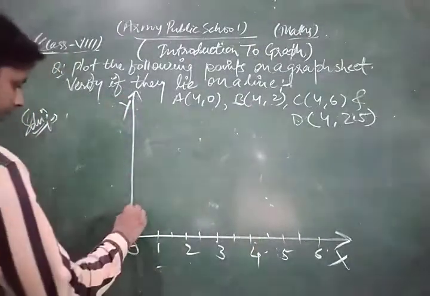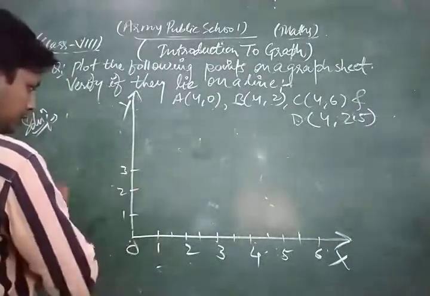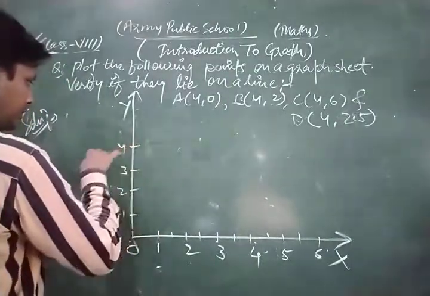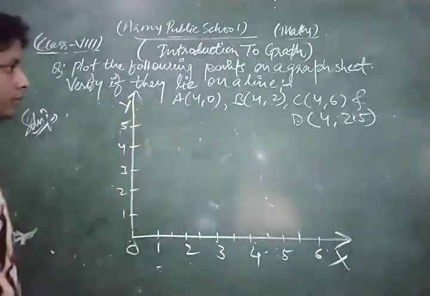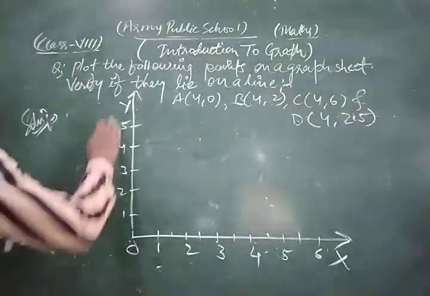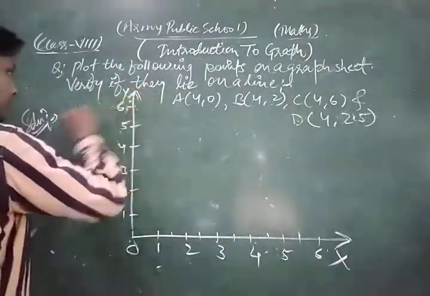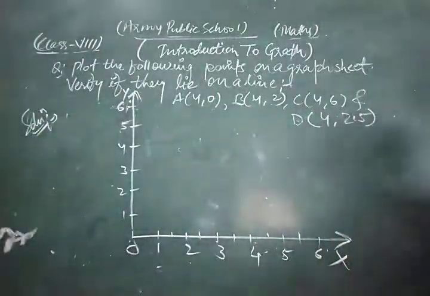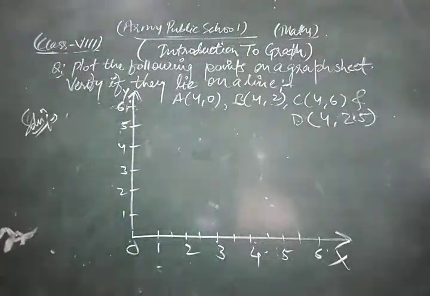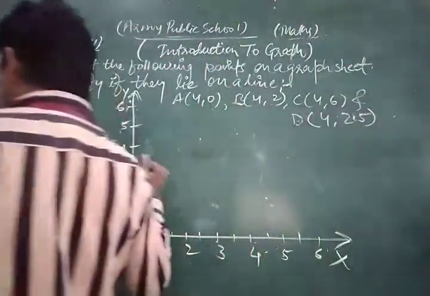So look, we take this as +1, +2, this is +3, +4, this is +5. Okay, and we take +6.